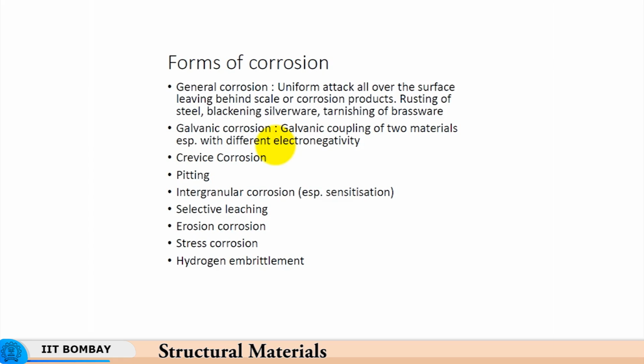For example, you want steel and aluminum to be put together, say steel clad with aluminum, for reasons of thermal conductivity or whatever. So, for functionality you would have put two things together, but then when it gets exposed to a corrosive environment or even air with moisture in it, you would find that the galvanic coupling between the two materials will result in corrosion of one with respect to the other.